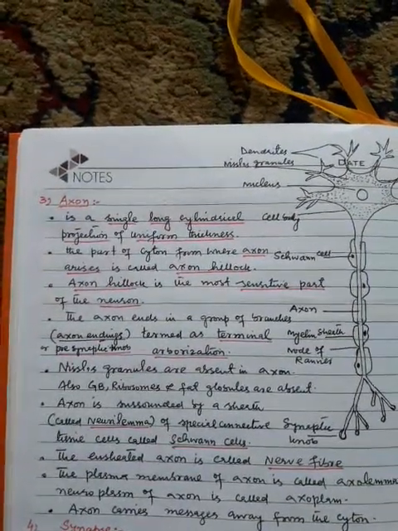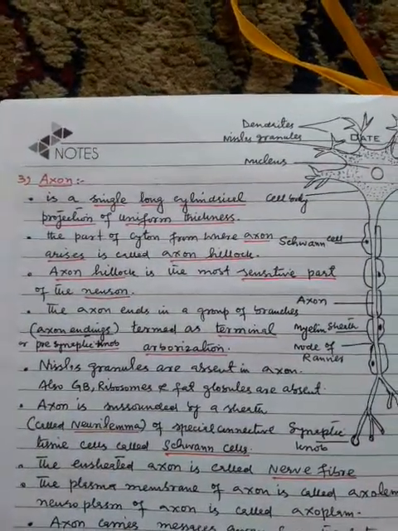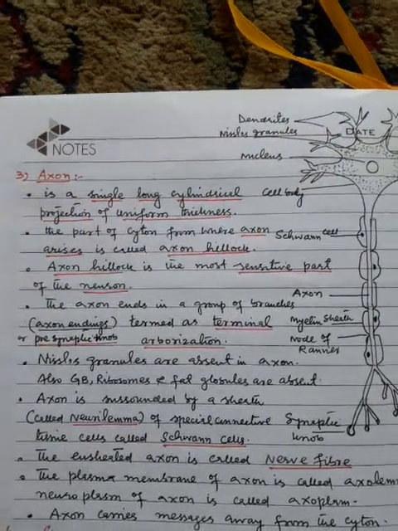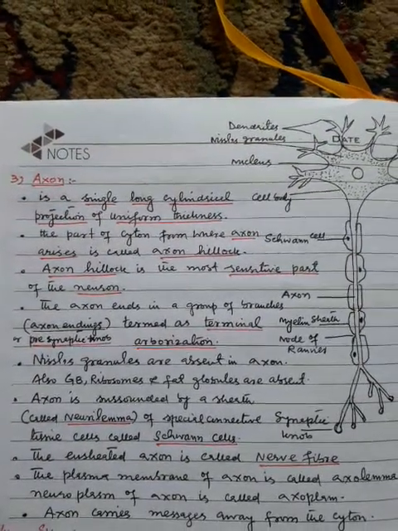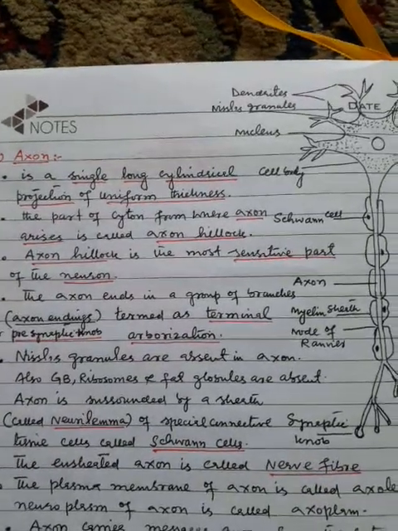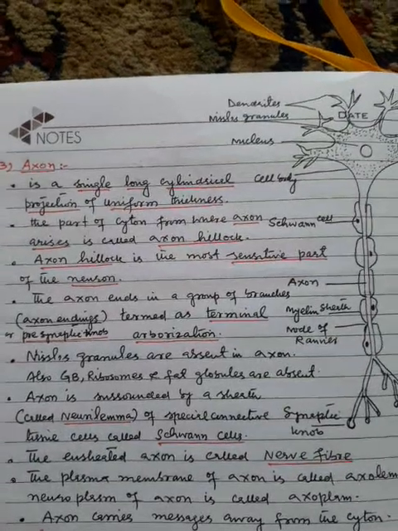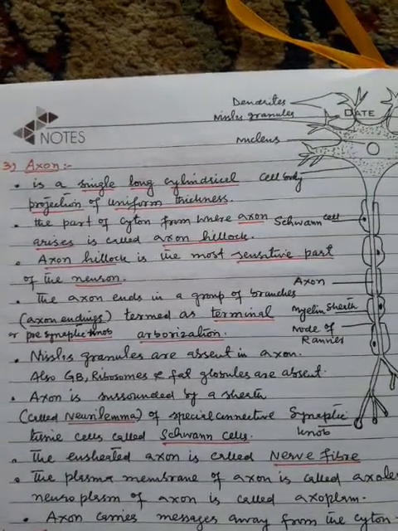Now the axon. Axon is a single long cylindrical projection of uniform thickness. The part of the cytone from where the axon arises is called axon hillock. Axon hillock is the most sensitive part of the neuron.